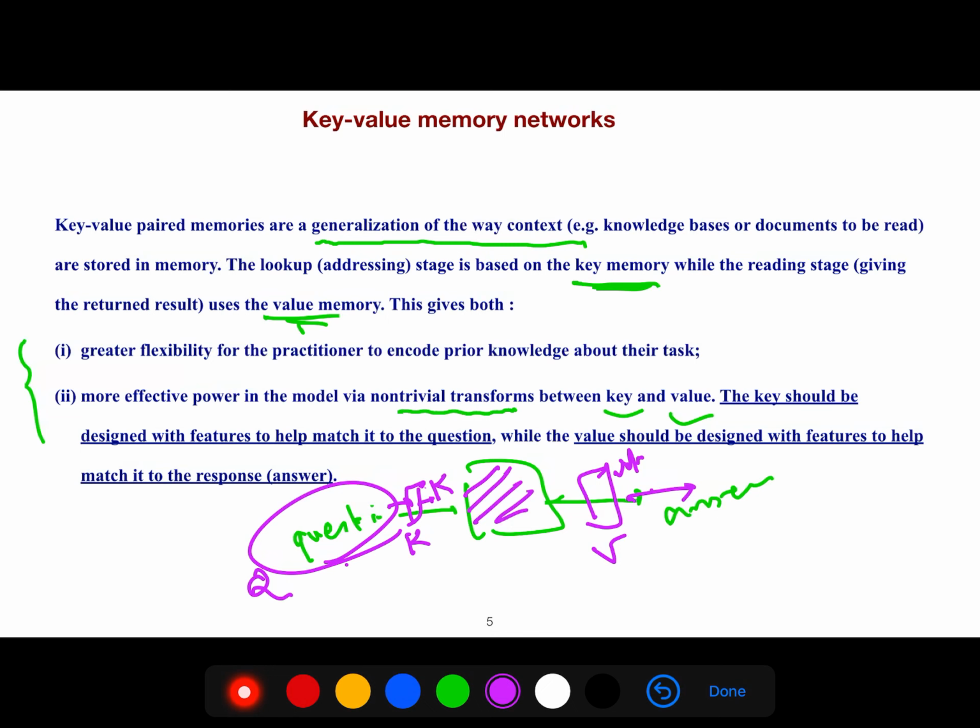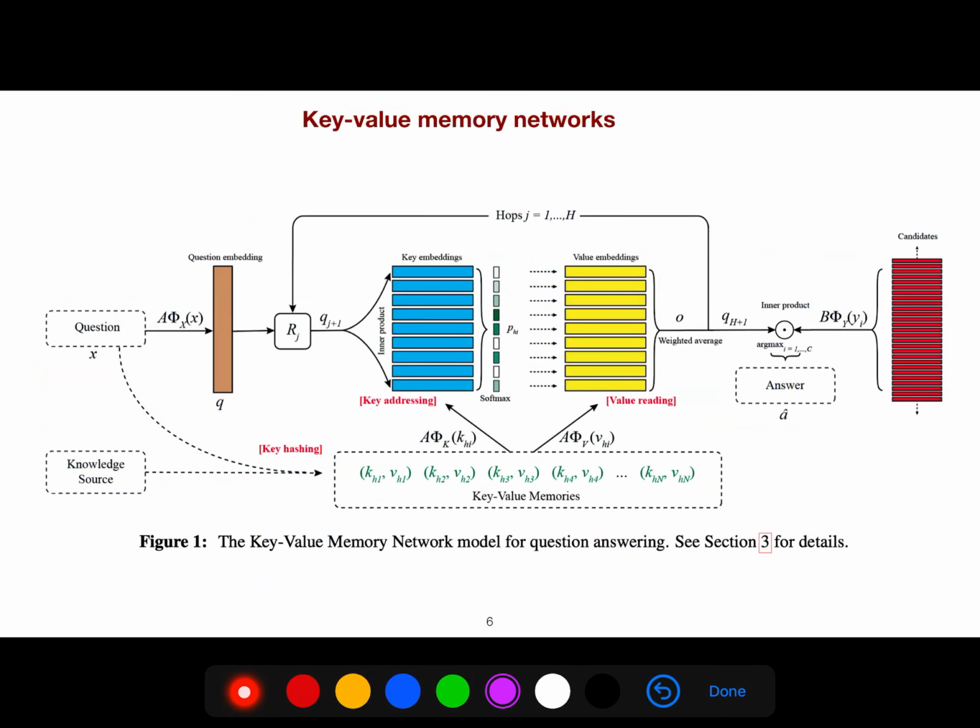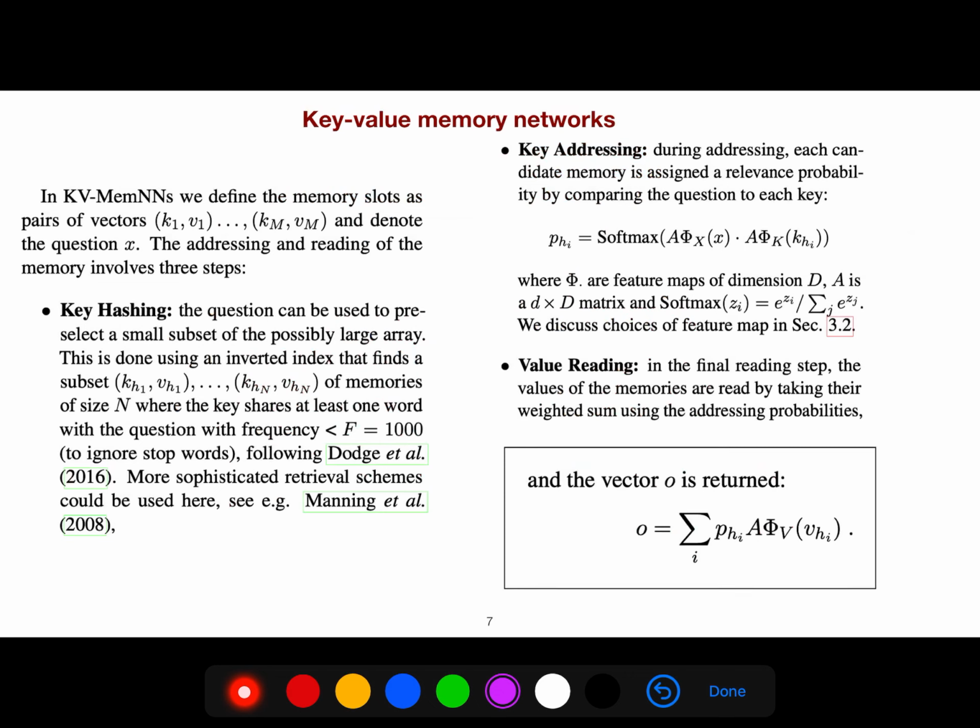And this is your model. In key-value memory networks, first you do question embedding, and then you have some keys. Depending on those keys, which one is more relevant, and depending on your answers, some of the values are more relevant. So you concatenate and merge all of these ideas together.